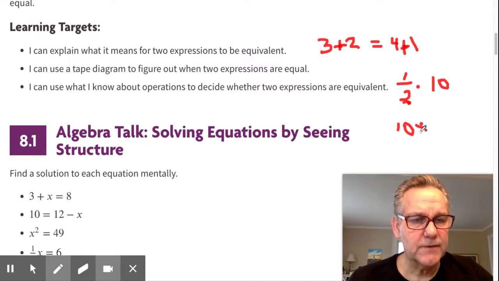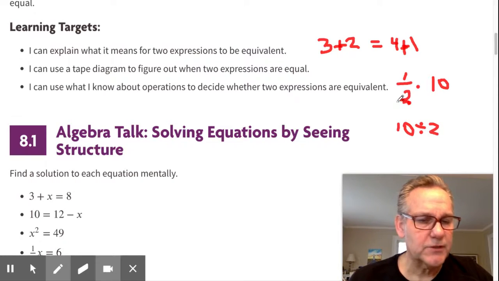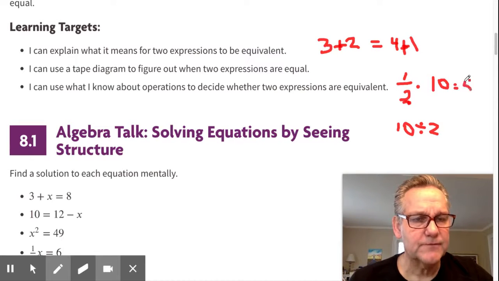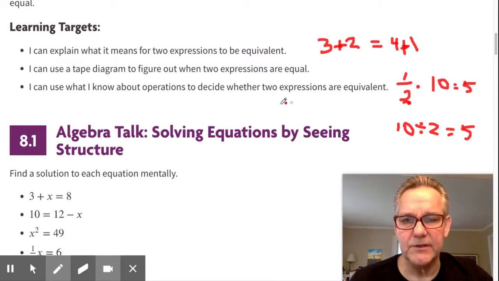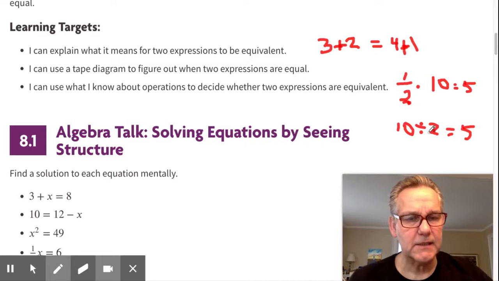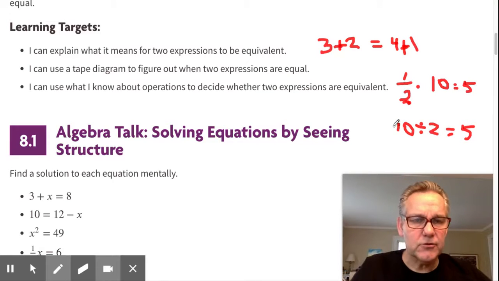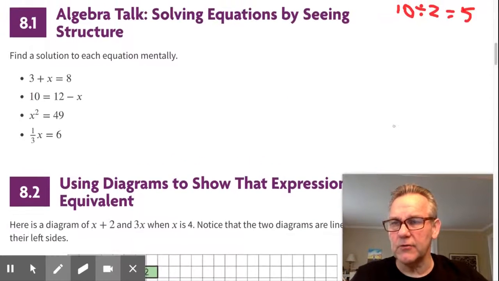So notice that in these two expressions that I'm creating here, 1/2 times 10 is equal to 5, and 10 divided by 2 is also equal to 5. Obviously, these operations are the same. Multiplying by a half mathematically is exactly the same as dividing by 2. So you've had a bit of exposure to this already.